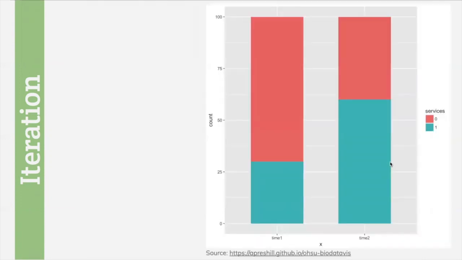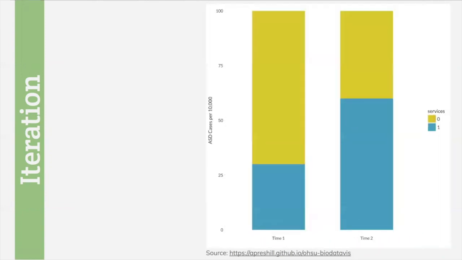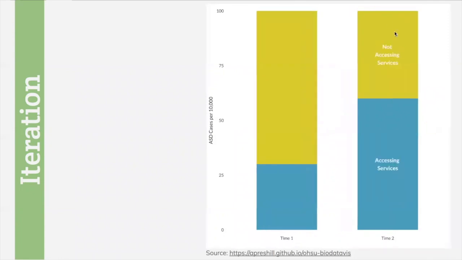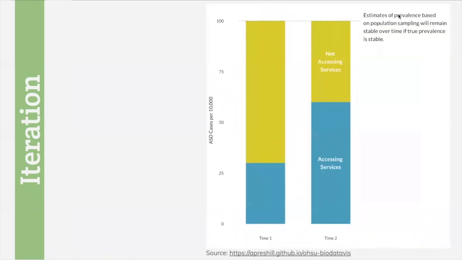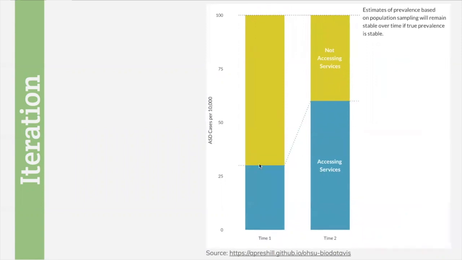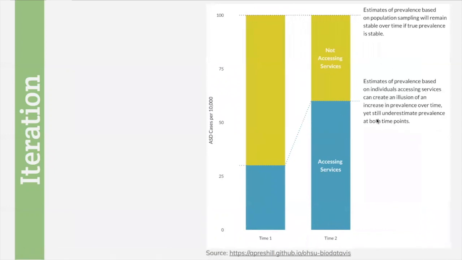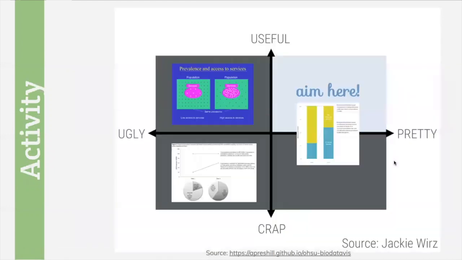And this takes time. So it takes iteration. So she started with this plot, changed the colors, removed the background and the grids, then worked to directly label to get rid of the legend, and then started adding in helpful annotations to start guiding viewers to what it is they need to know to understand the graphic, adding lines to guide the viewer to look between time 1 and time 2 at the differences between the blue, adding further text to explain what's going on.